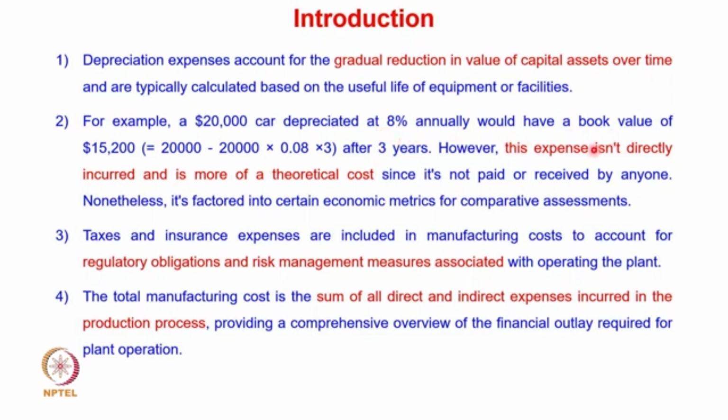After 3 years, the value of the car will be 15,200. That is 20,000 minus 20,000 into 0.08 into 3. This is the cost incurred because of depreciation, and if we subtract that from the original cost of the car, the new value of the car after 3 years will be 15,200.